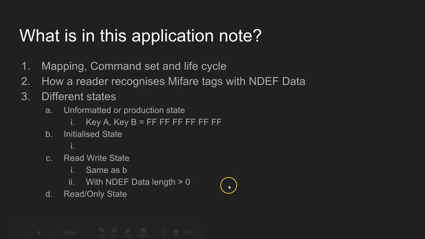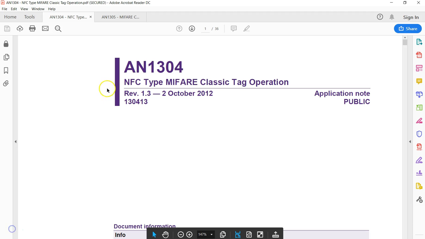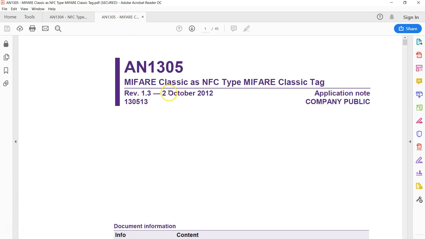So I'll be referring to two application notes, and I would advise you to read those application notes. These two documents are very interesting, and this is something you have to read. You have to read the first document, this one, and you can read the other if you want to know more about how to store proprietary data and your custom data.